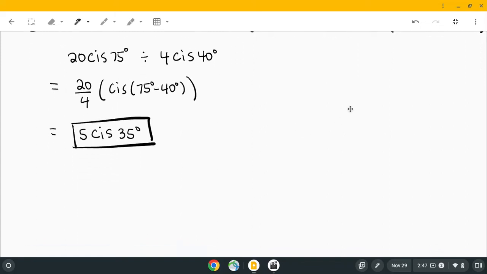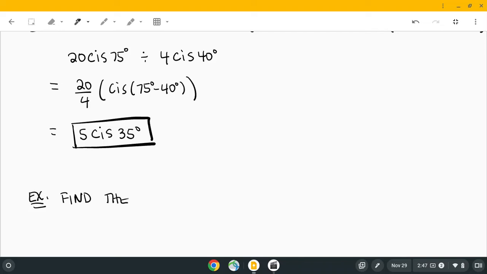Let's take a look at this next example where your complex numbers that you're trying to multiply are not in trig form. Okay, so we're going to do this.